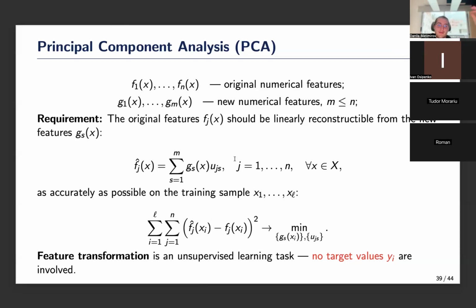So PCA is a feature transforming technique used to reduce the dimensionality of numerical data while preserving as much variance as possible. For example, we have some original numerical features, and we have new numerical features with less dimensionality.